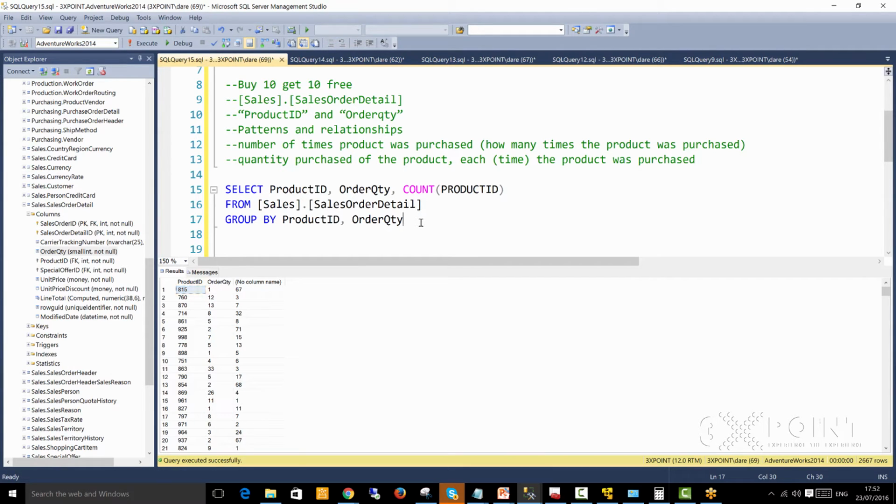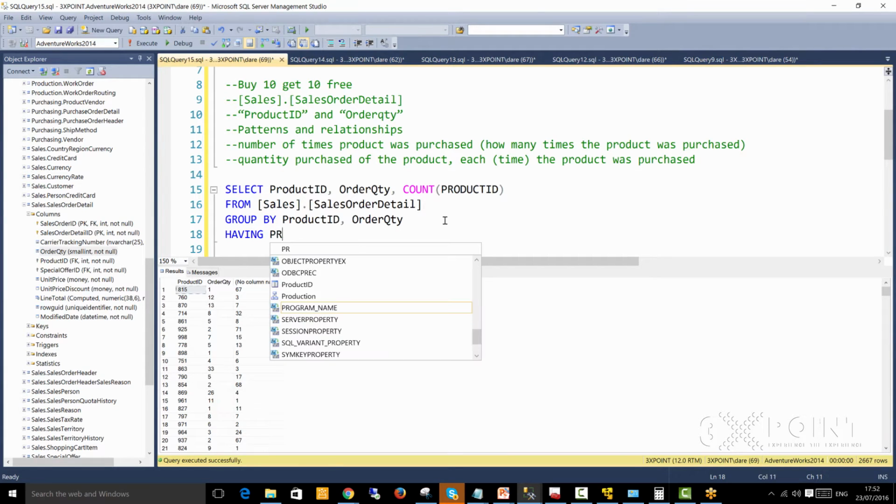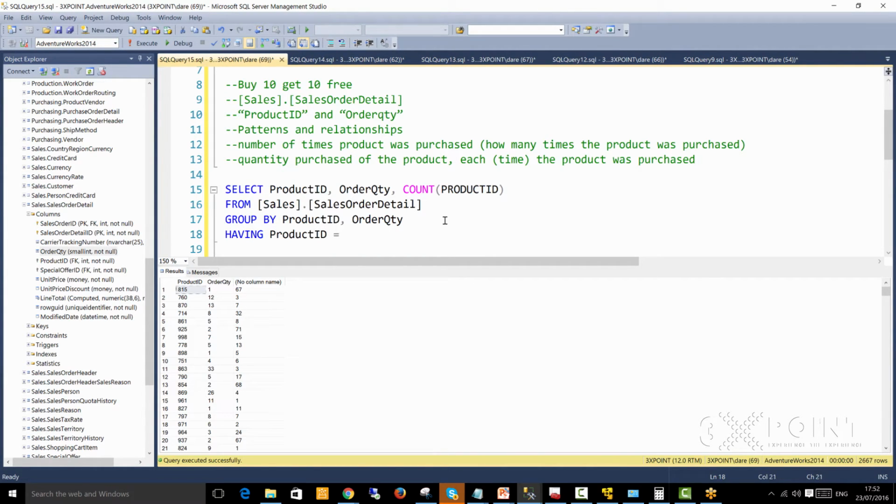So let's put a filter. Having product ID equals 815. So you will get a better glimpse of what I'm saying. So we have 815 here, right? Okay, so now we have a couple of 815 rows.